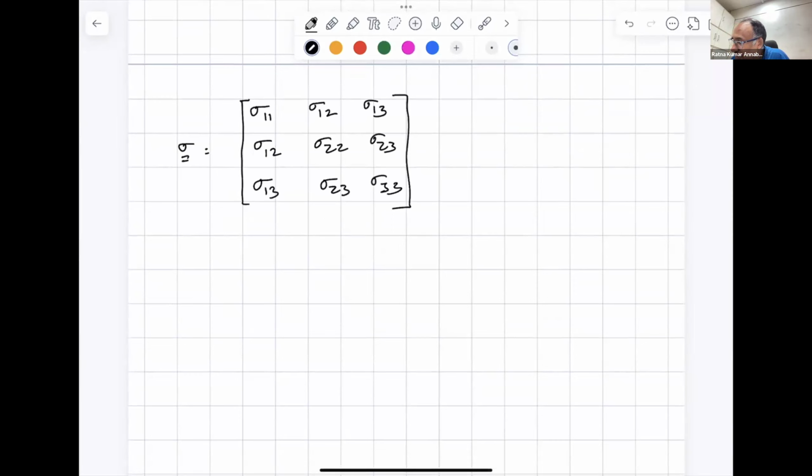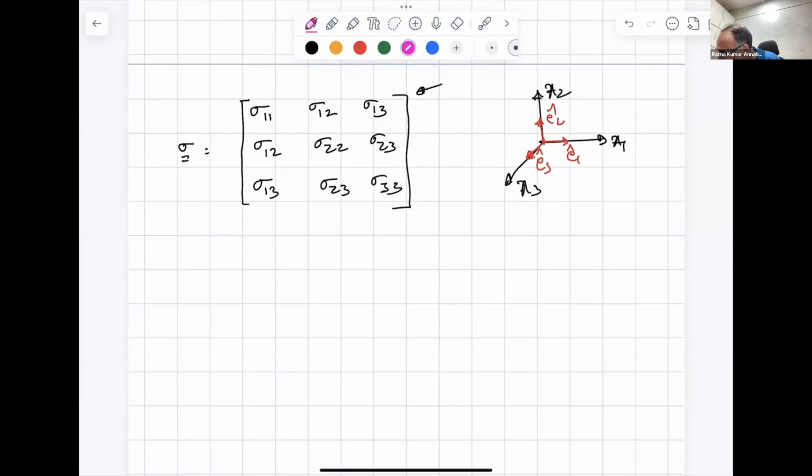What is the meaning of that? This is with respect to a coordinate system whose basis vectors are E1 hat, E2 hat, E3 hat. Then you have both normal and shear components.